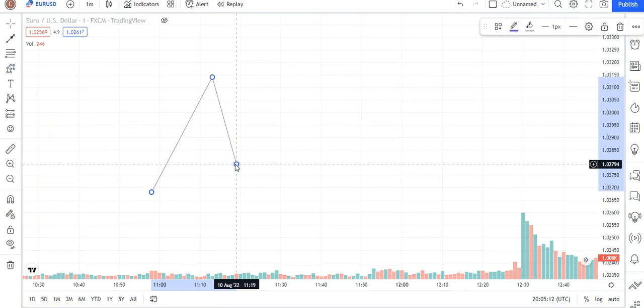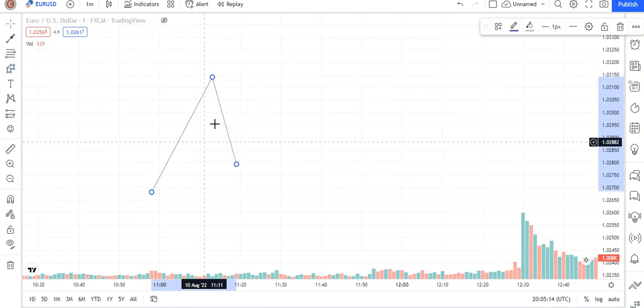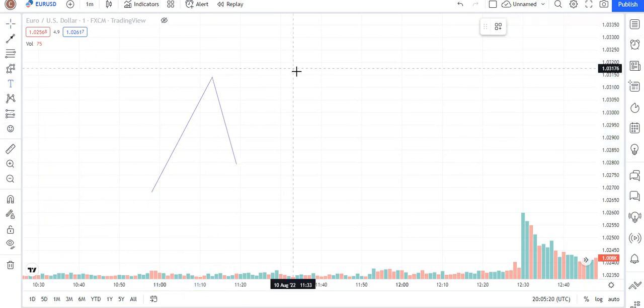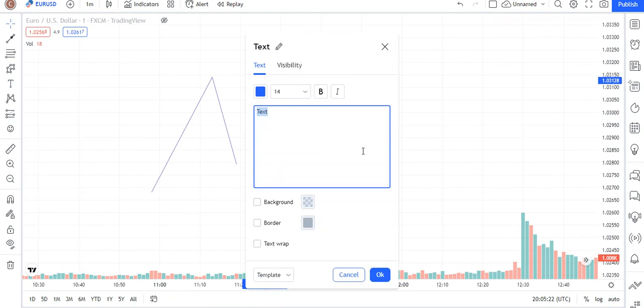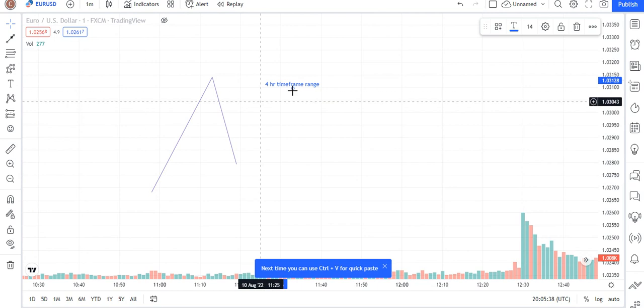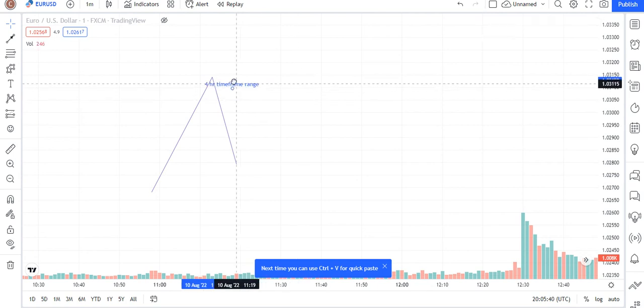So this is how a range looks. Let's say, for example, this range is on the 4 hour time frame. So it went up, then went down. So that's how the range looks.